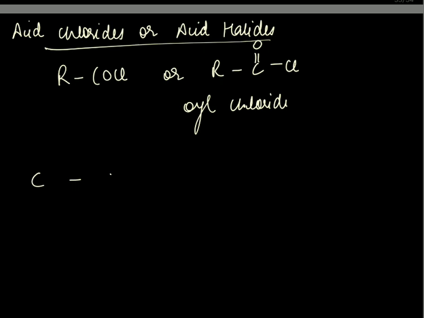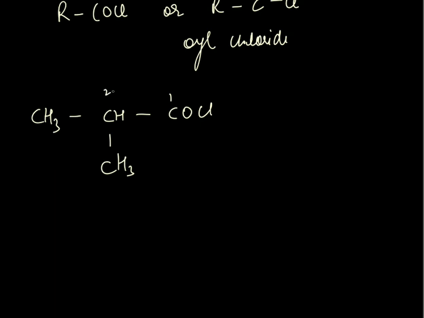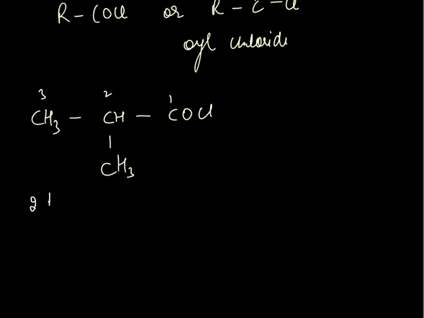So a simple example, if we take COCl, the name of the structure will be 2-methylpropanoyl chloride.